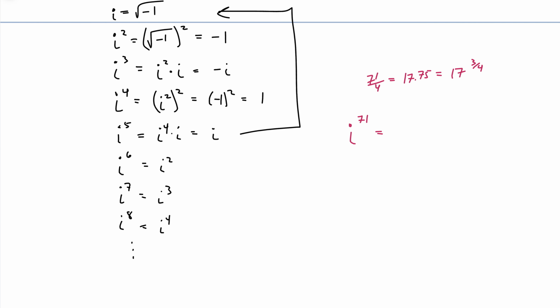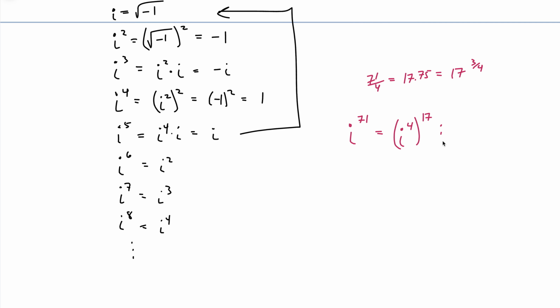So what that means is I can essentially use 17 i to the power of 4s. i to the 4 is just 1, and there could be 17 of those. 17 times 4 would be 68, and then there would be 3 left.